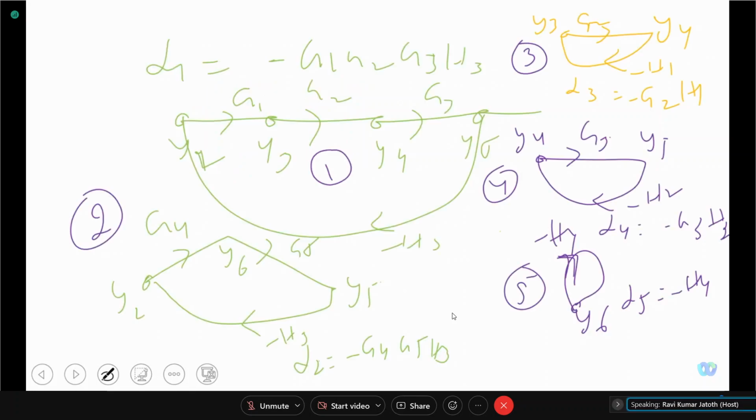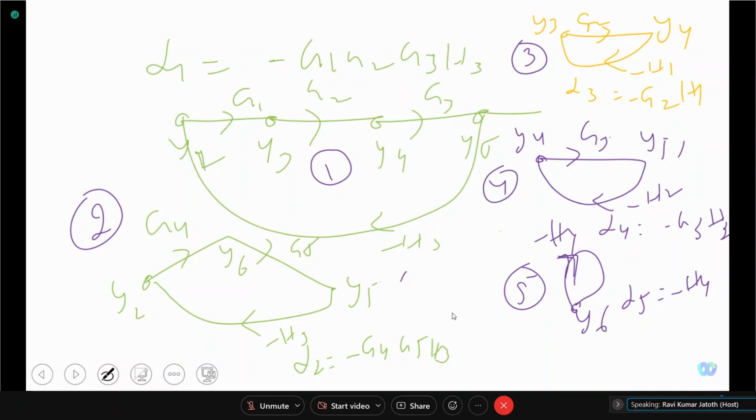Okay. 2 and 4? No, sir, because they are sharing Wi-Fi here. So 2 and 4 are not non-touching loops. 2 and 5? No, sir, they are not non-touching loops.